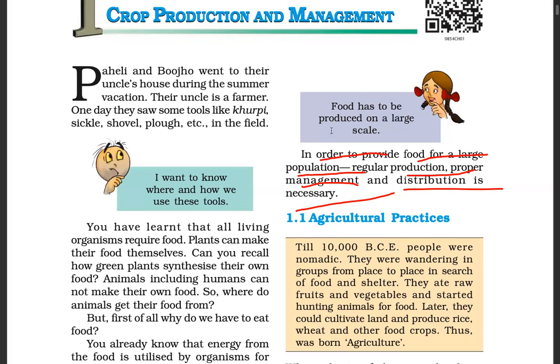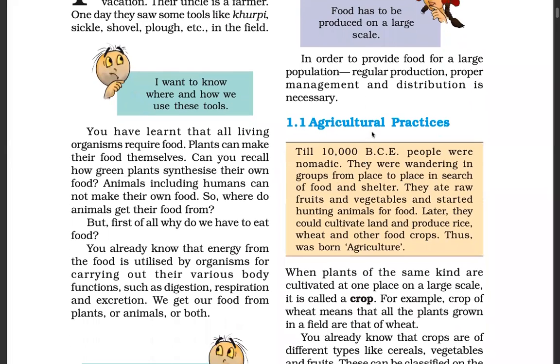Okay, so let us start again from agricultural practices. Till 10,000 BCE, people were nomadic. They were wandering in groups from place to place in search of food and shelter. So basically, before 10,000 BCE, people were nomadic, right?